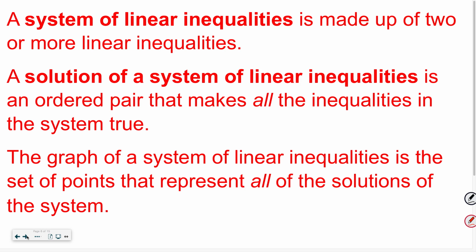So write this down. A system of linear inequalities is made up of 2 or more linear inequalities. A solution of a system of linear inequalities is an ordered pair that makes all the inequalities in the system true. That's really the same concept as the solution of a system of equations. When we talk about the solution to a system of equations, we're looking for the coordinates that they share.